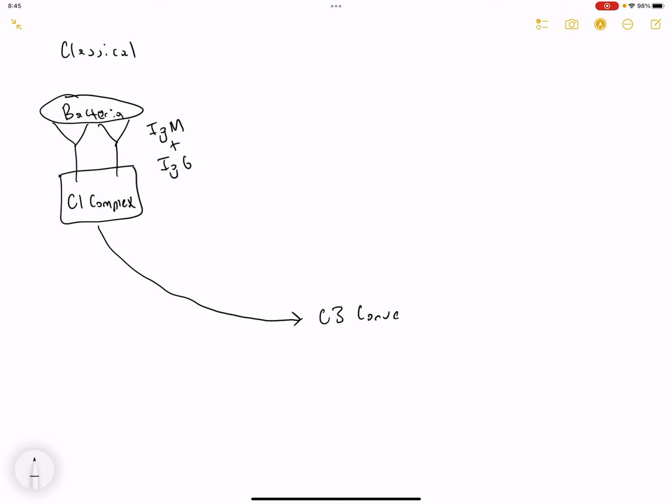These antibodies are either going to be IgM or IgG. Once this antibody-antigen interaction occurs, in the Fc region of the antibodies, we are going to get the formation of the C1 complex. The C1 complex is important in that it can lead to the formation of C3 convertase by cleaving C2 and C4.